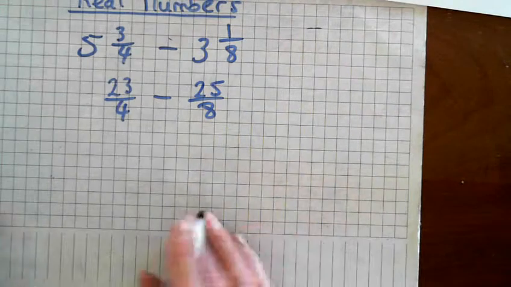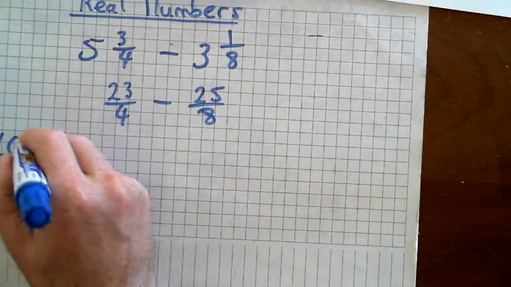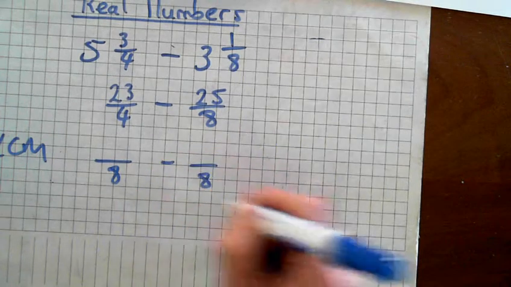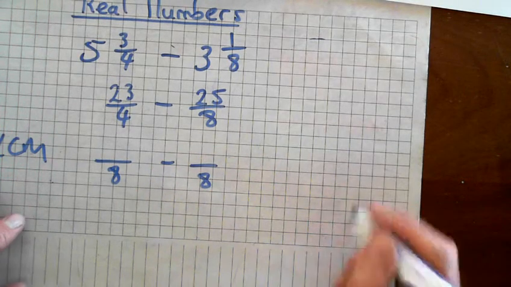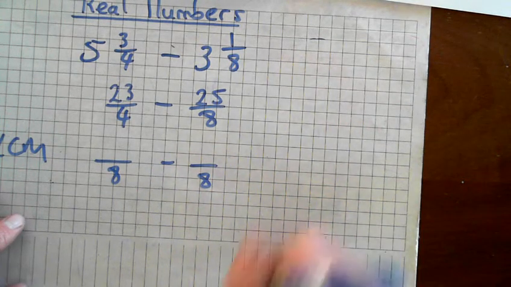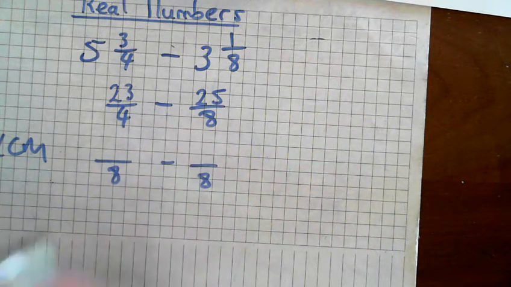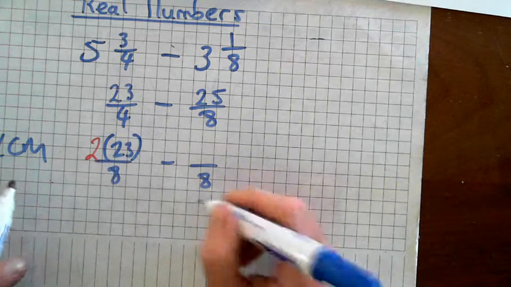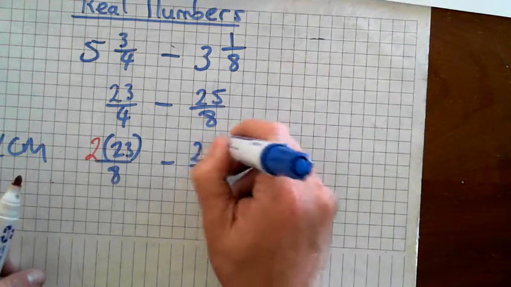Alright, what's the LCM? Both numbers will divide into 8. Keep looking up. The whole idea in the video is to look up. 4 into 8 goes twice, 23. And, well, this doesn't change.